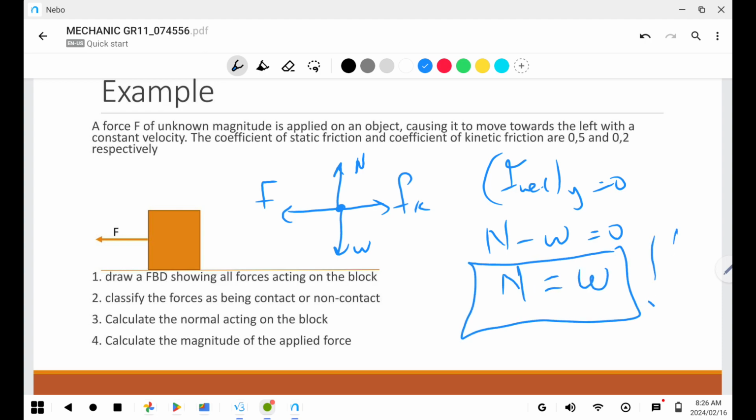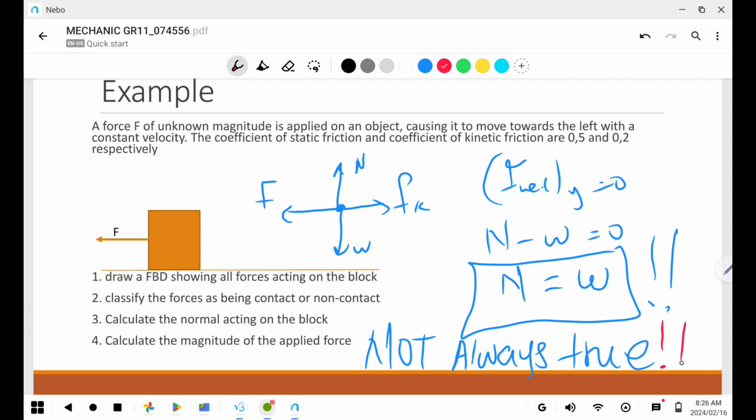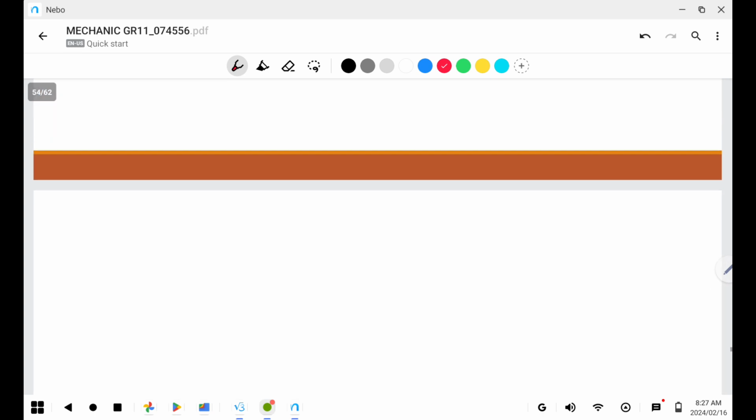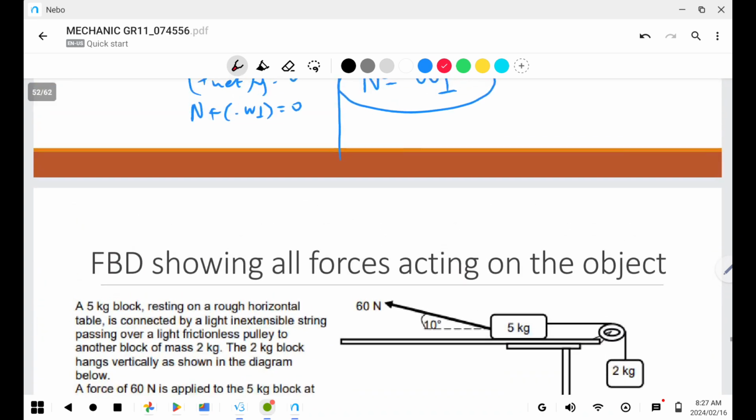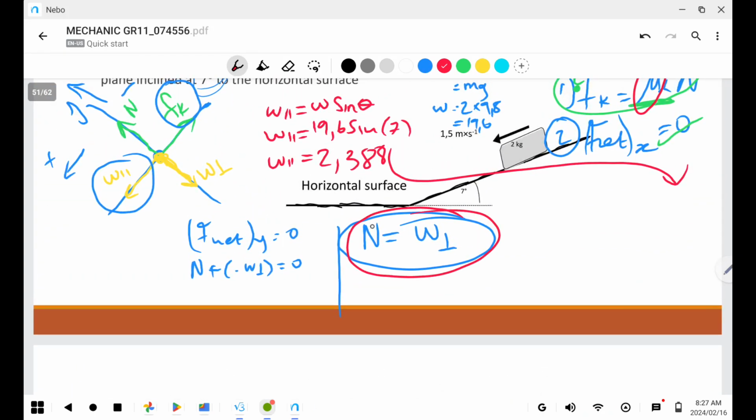I need you to please note that this is not always true, because we can clearly see that in yesterday's problem, normal was equals to the weight. But when we come to today's problem, the normal is equals to the perpendicular component. So to avoid making mistakes, please stick to this when trying to calculate the normal force.